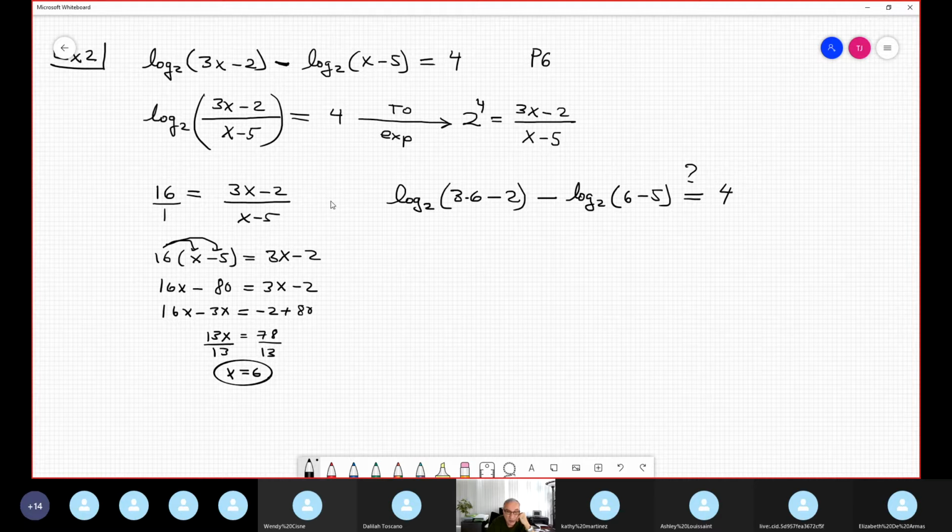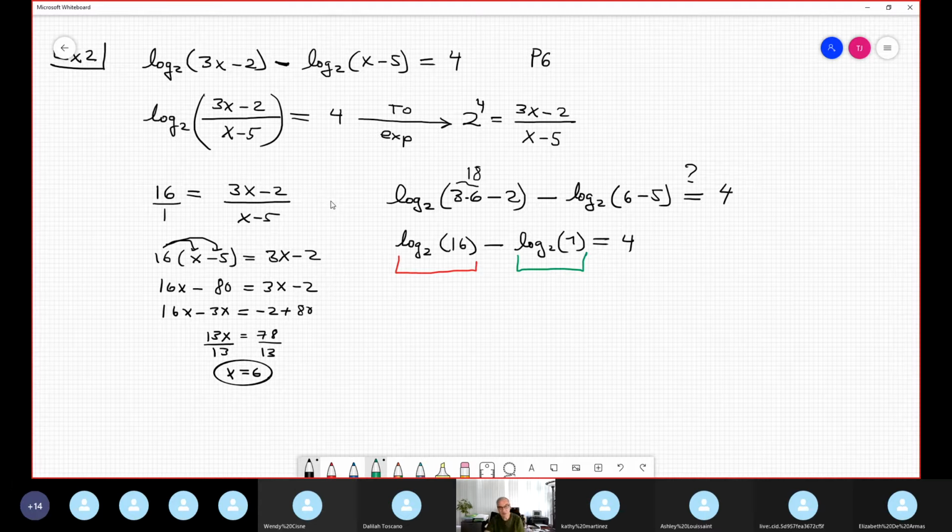Now order of operations: 3 times 6 is 18. 18 minus 2 is 16. Minus something: logarithm base 2 of 6 minus 5 is 1. Equal 4. Okay, help me to compute this logarithm by hand or calculator, and help me to compute the green one.